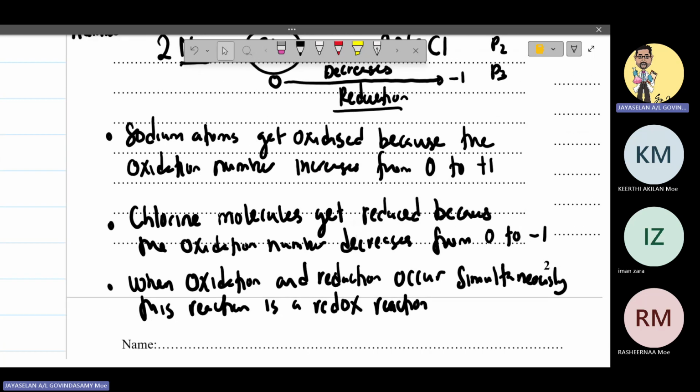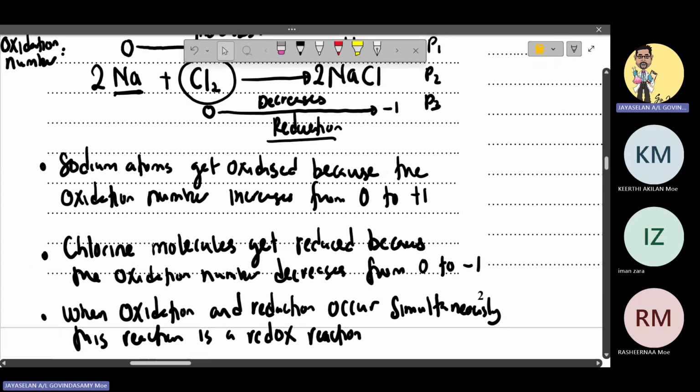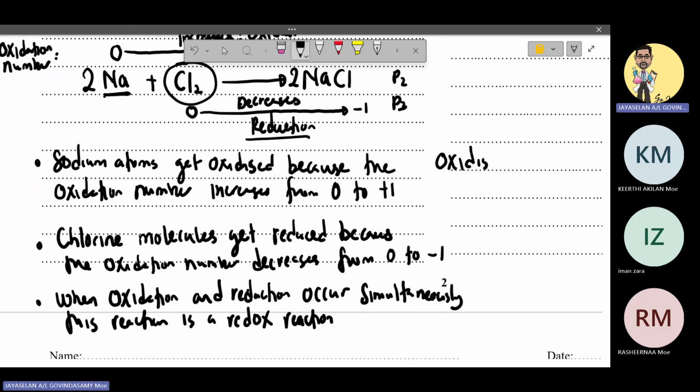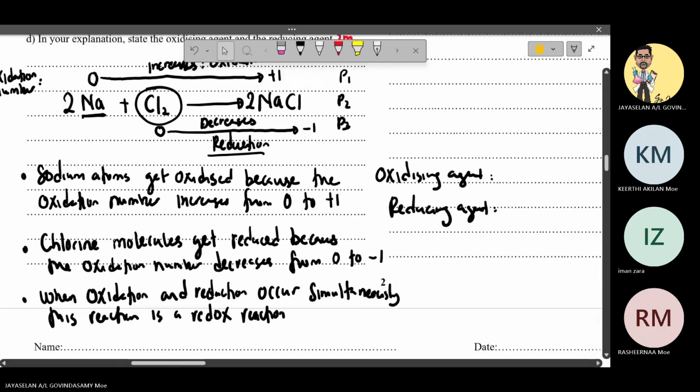Any question? No? Okay, last 2 points, what do they want? They want the oxidizing agent and reducing agent, right? So I do here oxidizing agent, and reducing agent. Okay, Inman, what is the oxidizing agent? Chlorine.